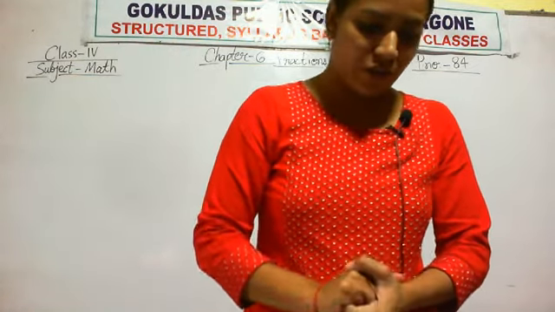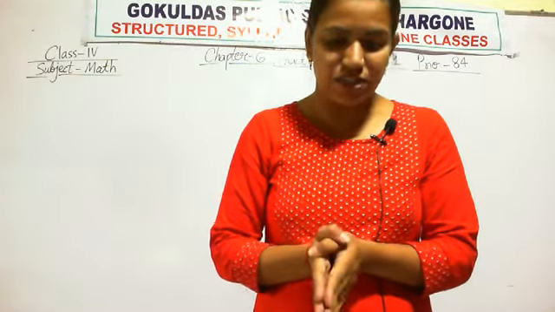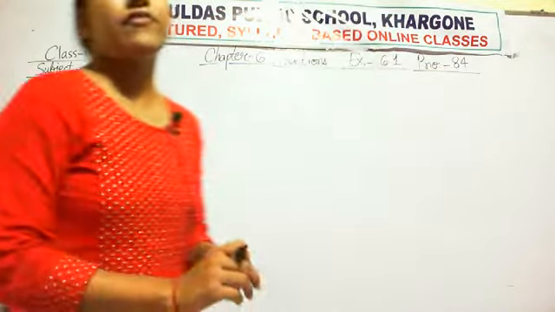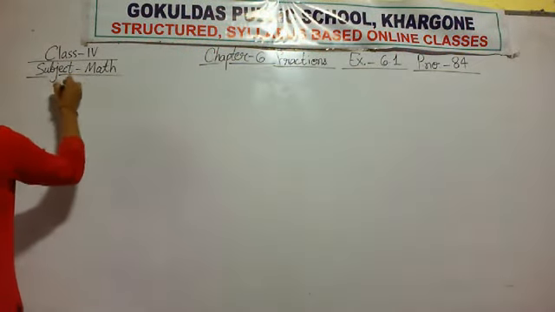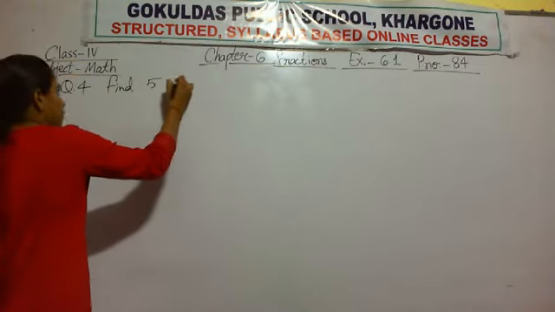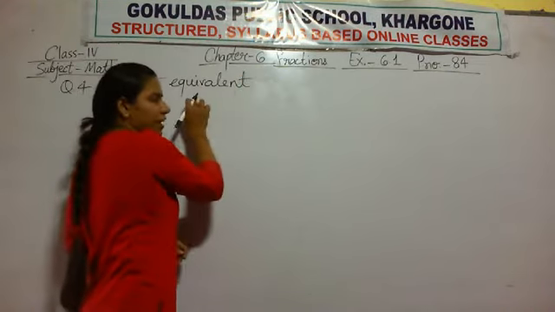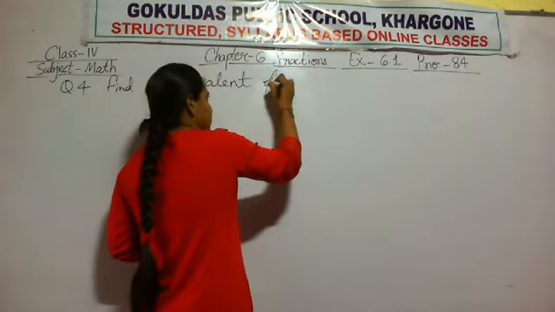Now it's the turn of question number 4, which is: find 5 equivalent fractions of the following. Find 5 equivalent fractions. Equivalent means equal fractions.